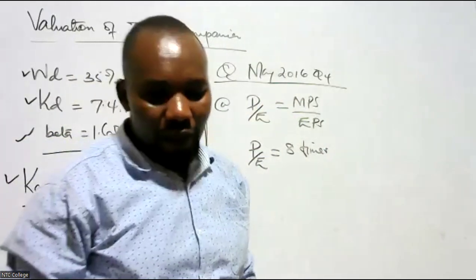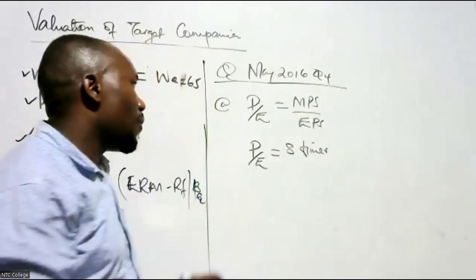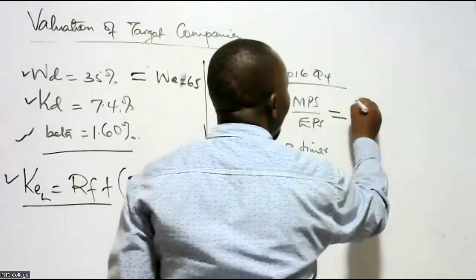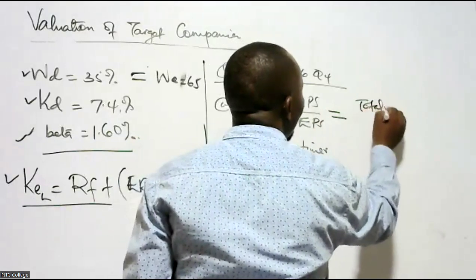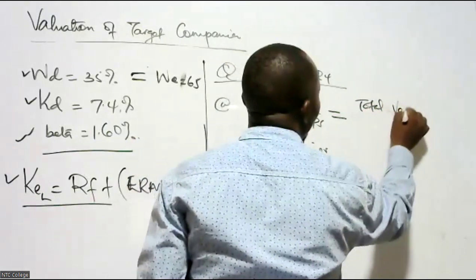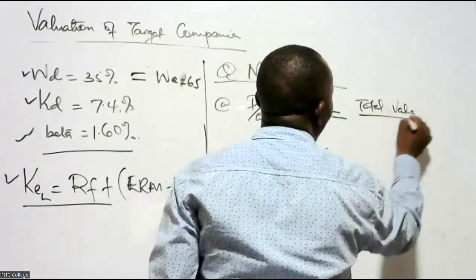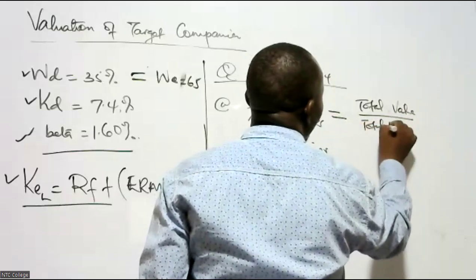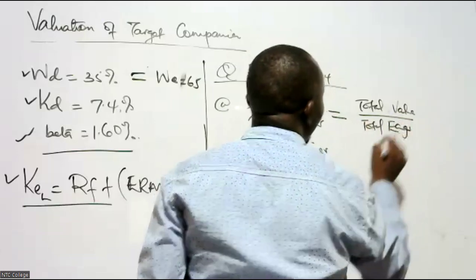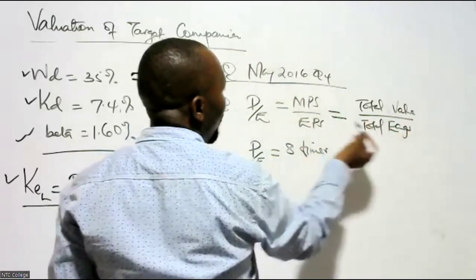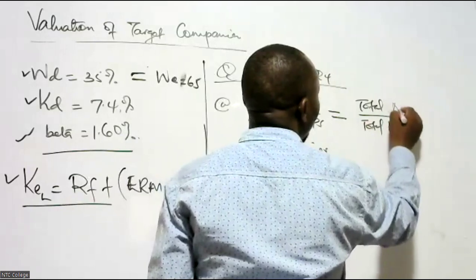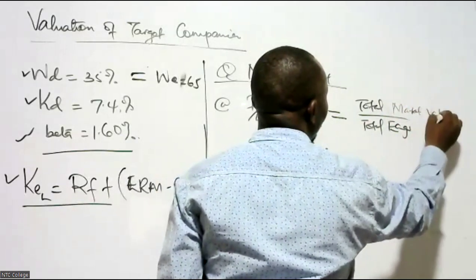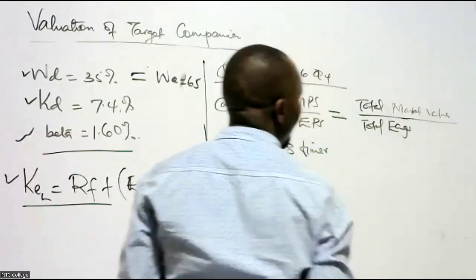Right? What is the market value of the company? This one is also the same as total value all over total earnings. This one is market value, all over total earnings.